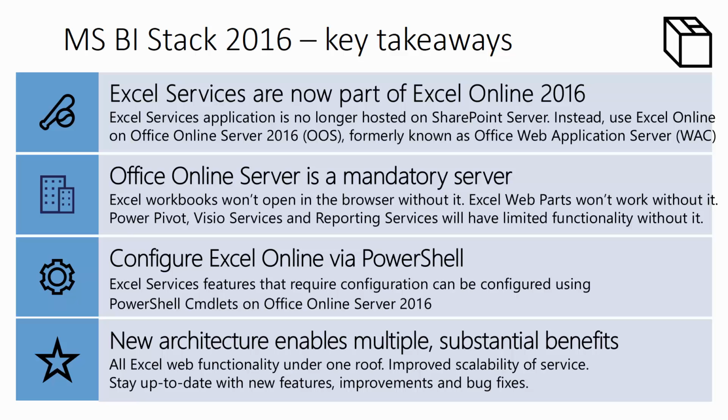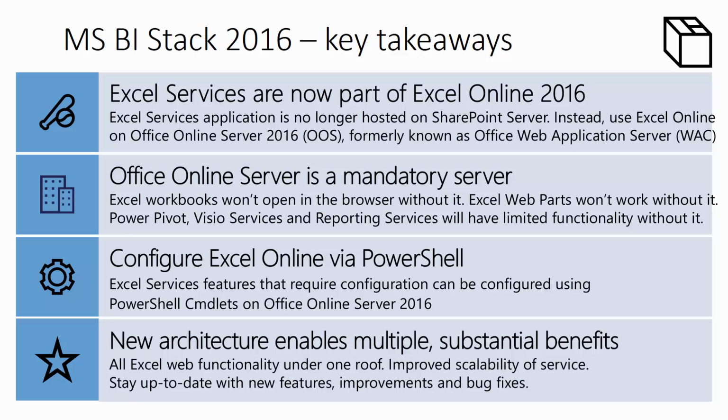And the new architecture benefits are the things that we have covered in the previous slide. So all Excel web functionality is under one roof. BI scenarios, viewing, editing of workbooks, refreshing these workbooks, accessing external data can all be done using this single instance. Improved scalability of servers.